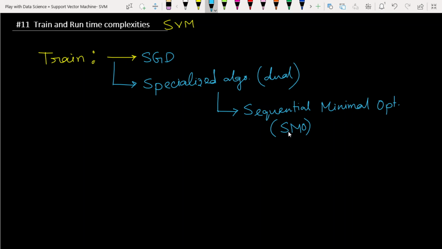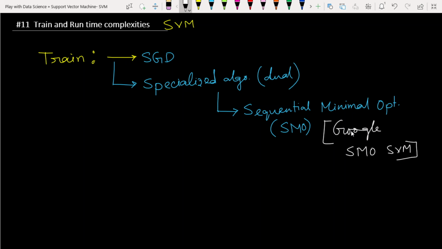If you are interested in learning about this algorithm, simply Google SMO and you can find the details. There are many research papers and Wikipedia articles available.